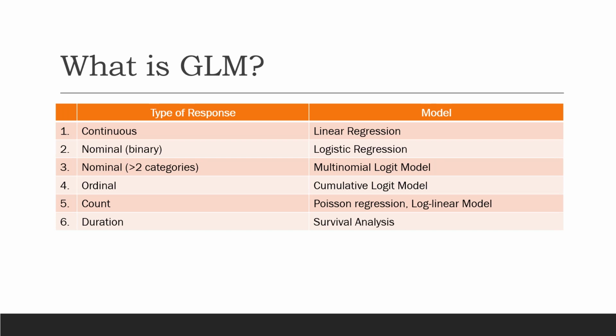Third, nominal with more than two categories. So the idea is similar to the binomial response variable, but we have multiple categories. For example, we want to model which product out of n different products a customer will buy, where n can be anything greater than 2.